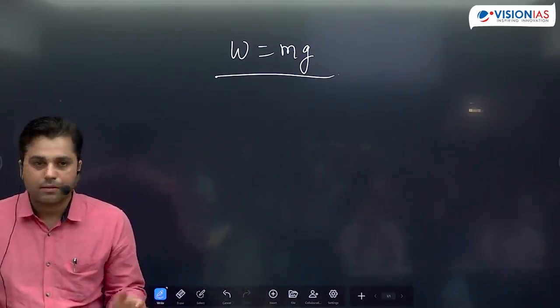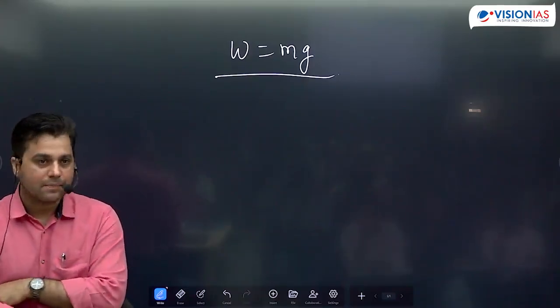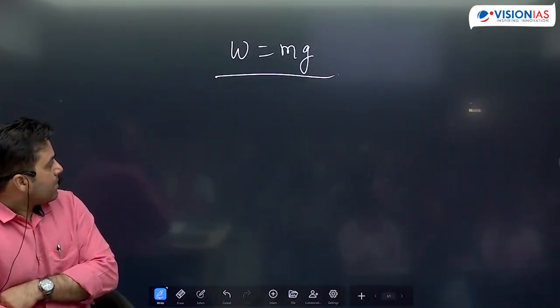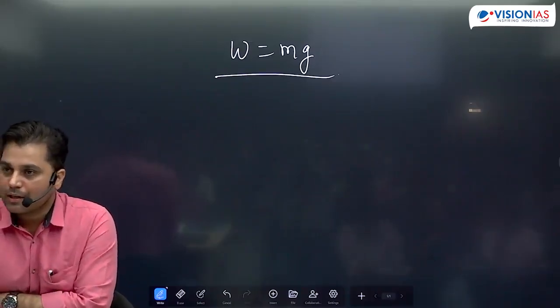On the surface of Earth, more or less, its value will be 9.8 meter per second square. But because your weight depends upon your mass, we often use these two words interchangeably because most of us are going to be on Earth only.